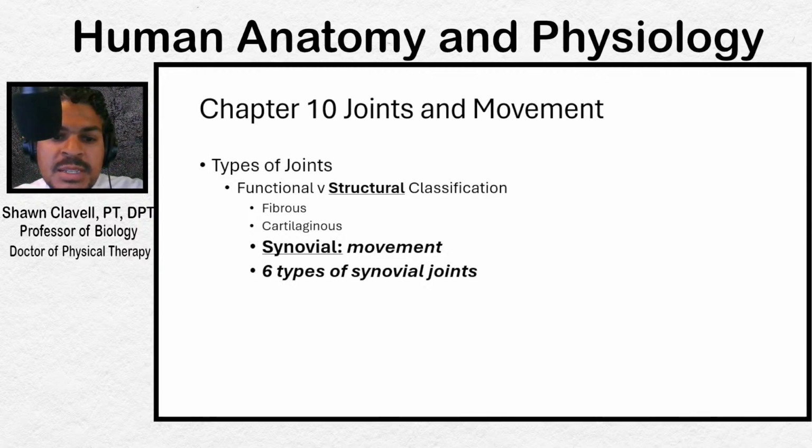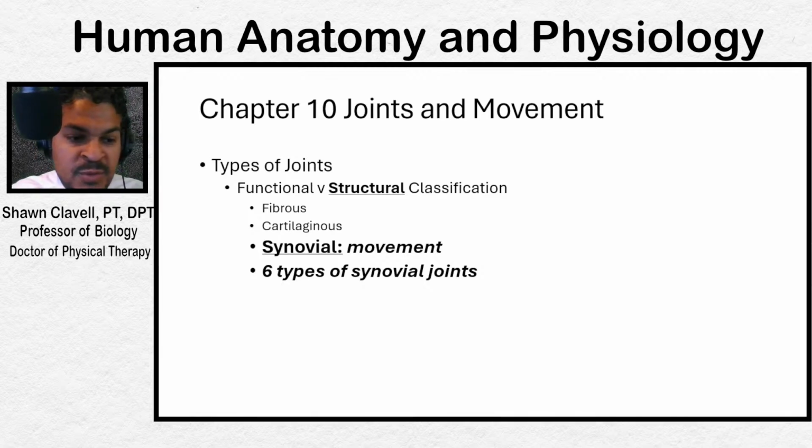Let me pull out some slides to correlate with what I'm talking about. What are the 6 types of synovial joints that allow for the different types of movement? And then ultimately, we talk about those specific types of movement.